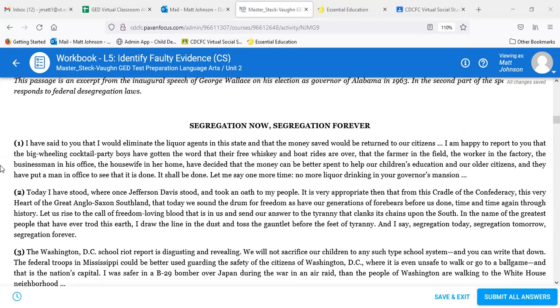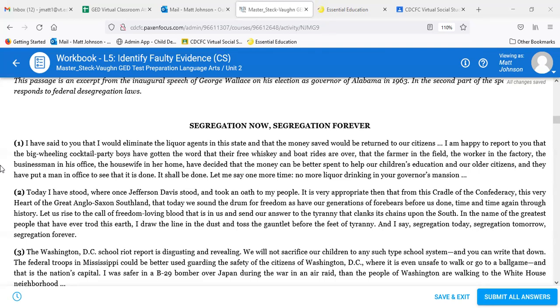Today I have stood where once Jefferson Davis stood and took an oath to my people. It is very appropriate that from this cradle of the Confederacy, this very heart of the great Anglo-Saxon Southland, today we sound the drum for freedom as have our generations of forebears before us done, time and time again through history.